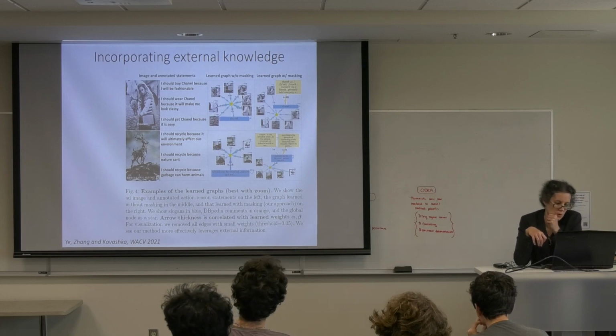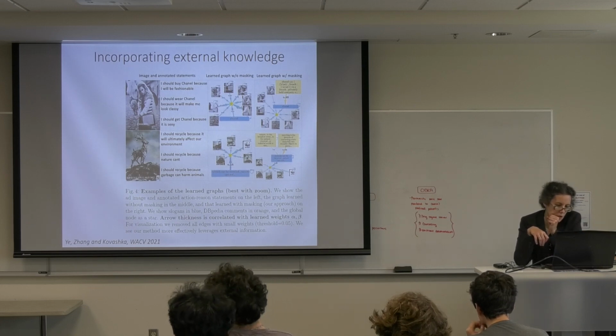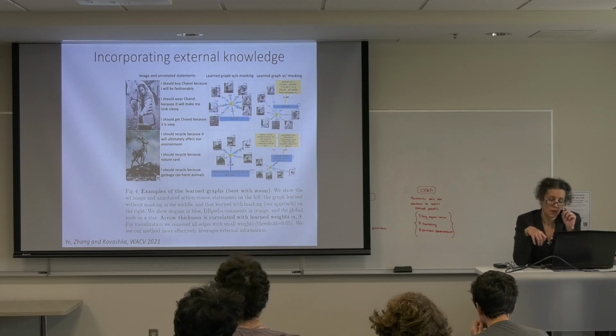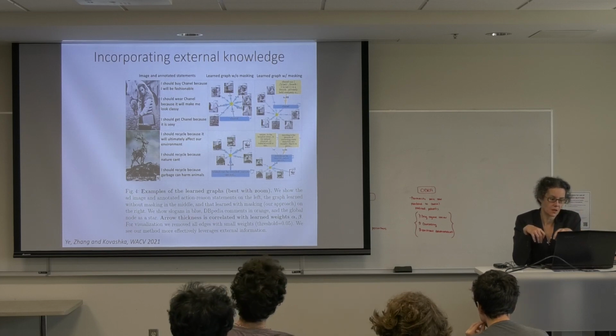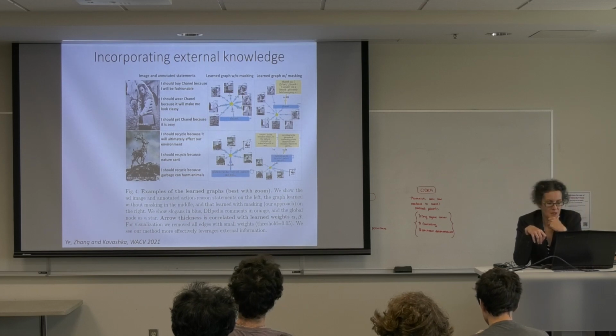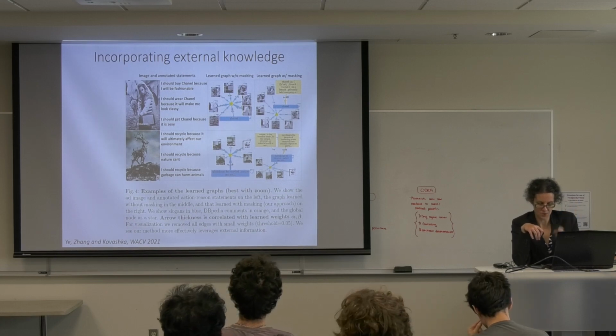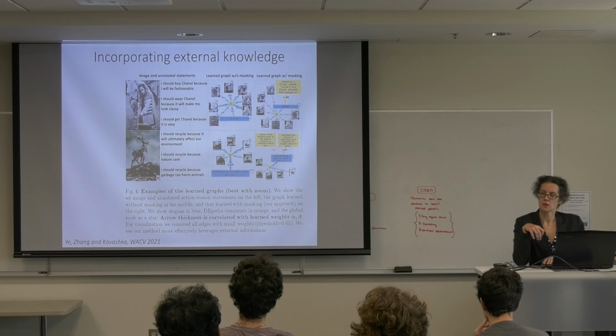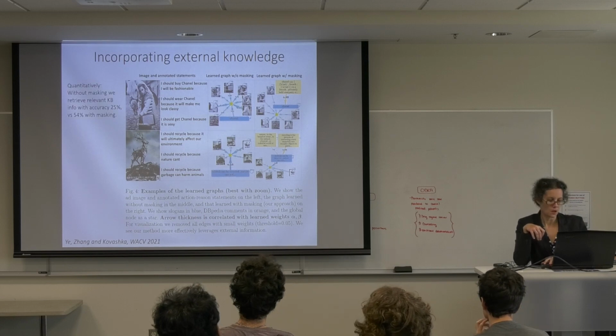What this figure is showing you, in the middle column, is a graph that shows what information from the image or from the caption is being used to do the task, however we set up the task. On the right, these orange things are information from the knowledge base, and basically what you see is that we are using more information if we do our trick at training time, which is called masking.